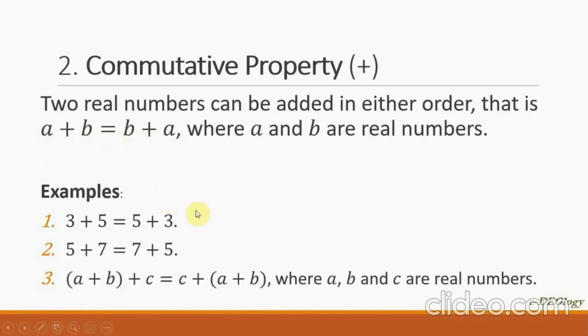We have here three examples. The first one is 3 plus 5 equals 5 plus 3, and both will have 8. Another example, 5 plus 7 equals 7 plus 5.